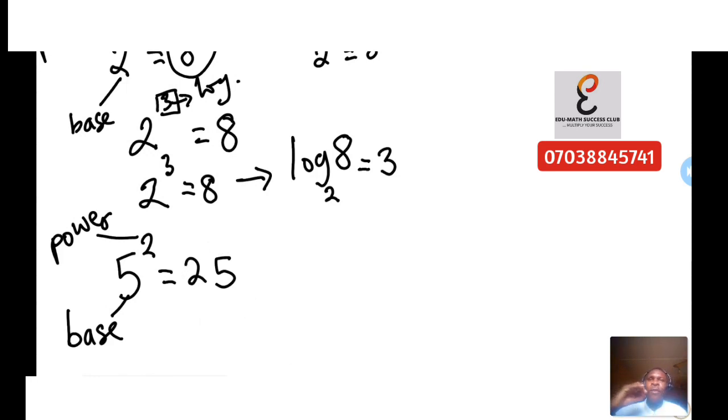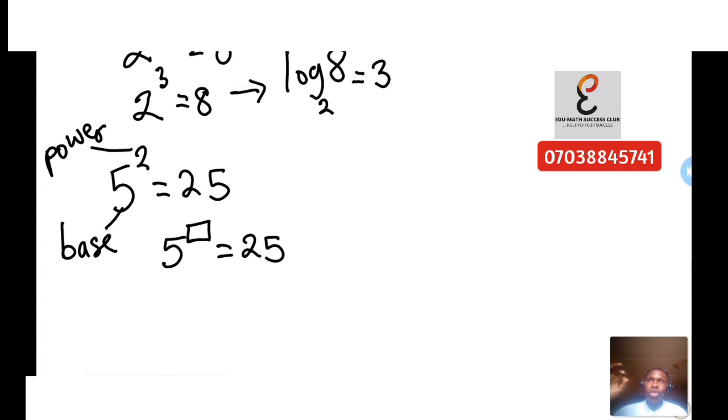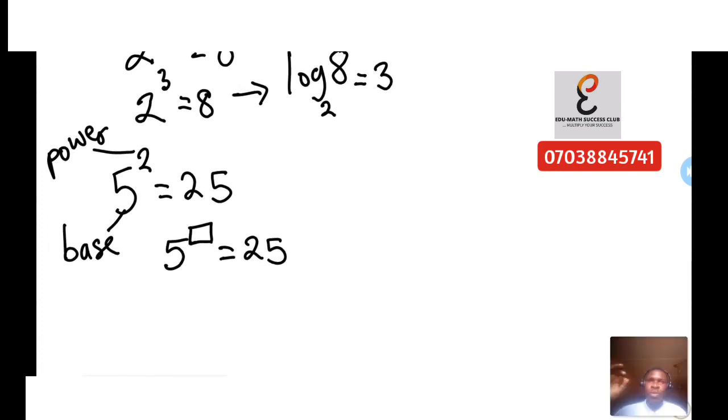Now ask yourself, what will you raise 5 to? Which number will be here? What will you write in this box for you to get 25? You see that what should be in that box should be 2, because 5 times 5 is 25. So 2 should be here.